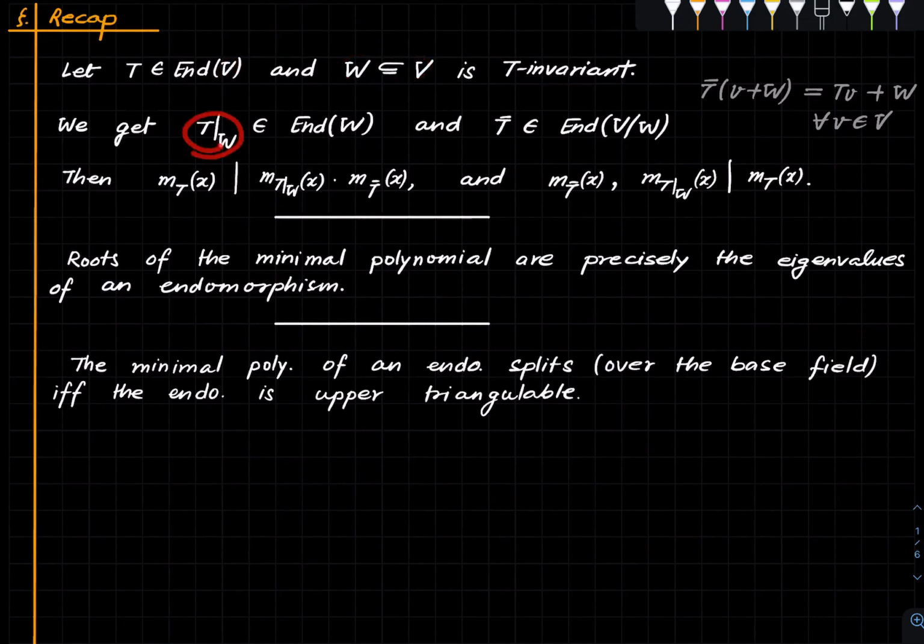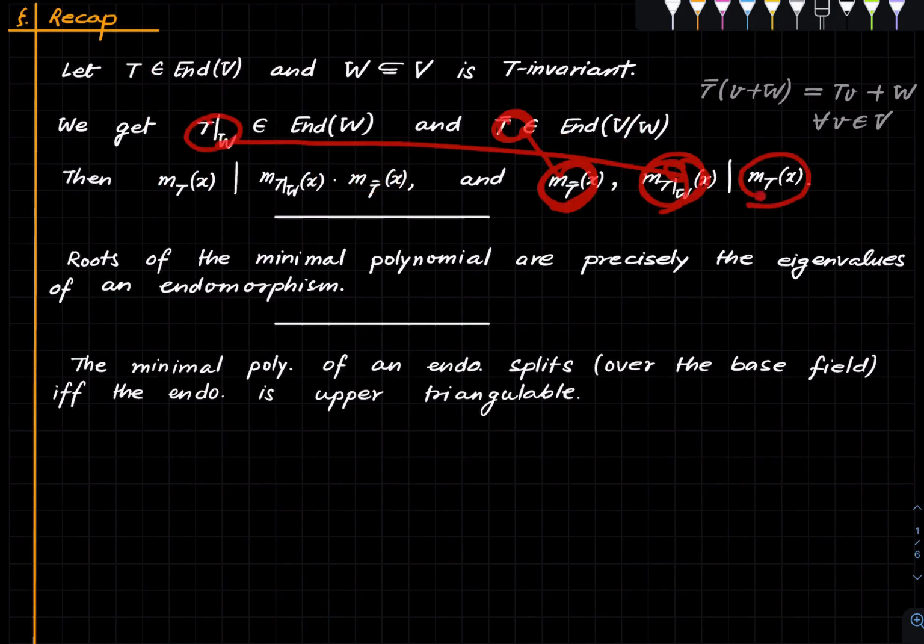Then we get an endomorphism on W and an endomorphism on the quotient, which behaves like this. We have seen this multiple times. Then the minimal polynomial of T divides the minimal polynomial of the restriction times the minimal polynomial of the one on the quotient, and each of these, meaning the minimal polynomial of this one and the minimal polynomial of that one, divide the minimal polynomial of T.